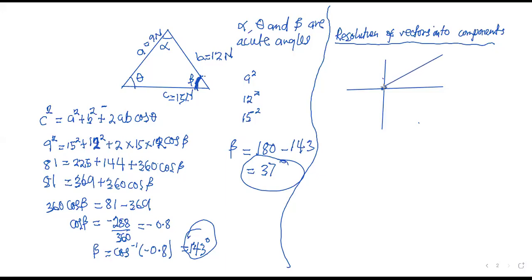So for example, I have one force acting at an angle of maybe 45 degrees from the north. This is north, so this angle is 45. This is F1. We have another force acting at an angle of 180 degrees from the north, F2.